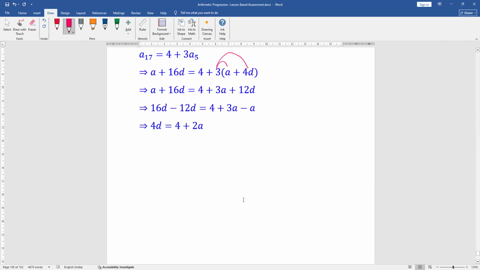Okay. If you observe carefully, all these coefficients are divisible by 2.